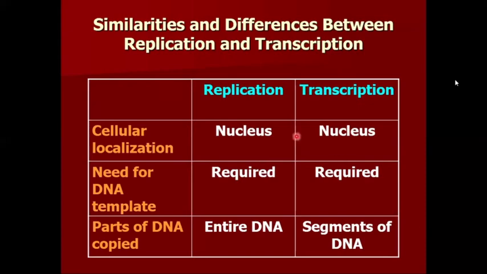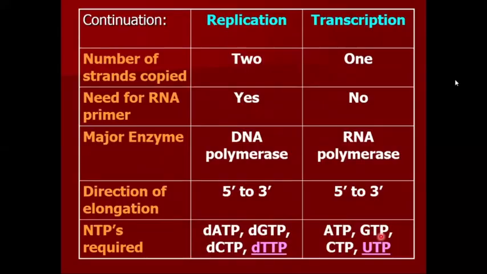The difference is that in replication, the entire DNA is copied, while in transcription, only segments of the DNA are copied. And what are those segments? Those are the genes that are present in the chromosome.